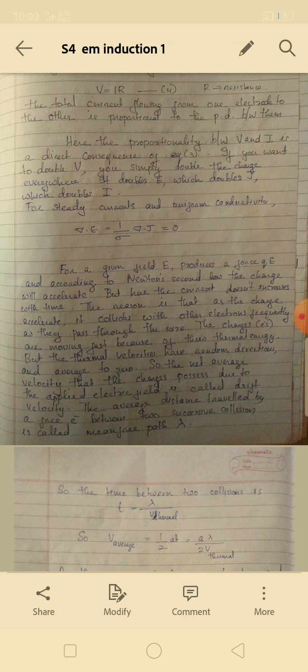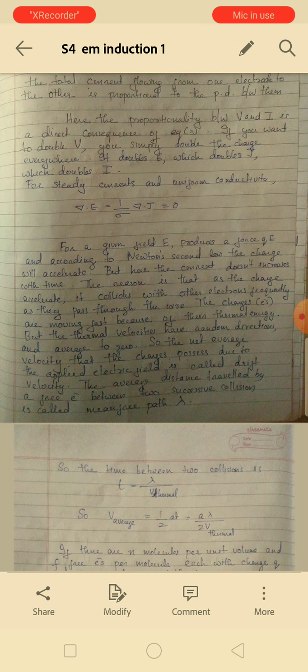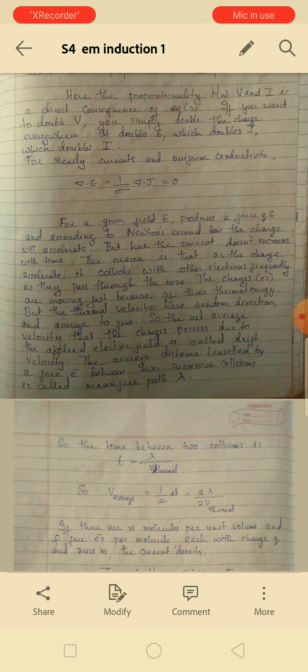So the charges are moving fast because of their thermal energy, but the thermal energy has random directions and averages to 0. So the charges have an average velocity because of the applied electric field, and that average velocity is called drift velocity.